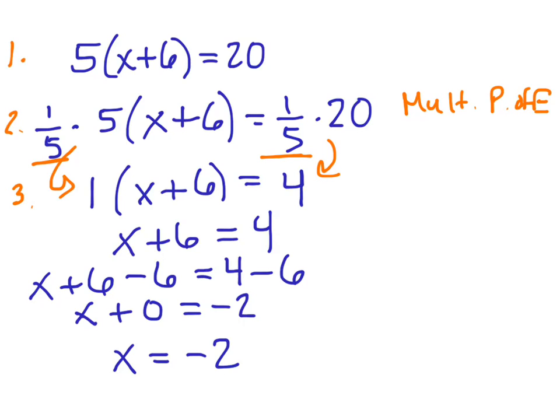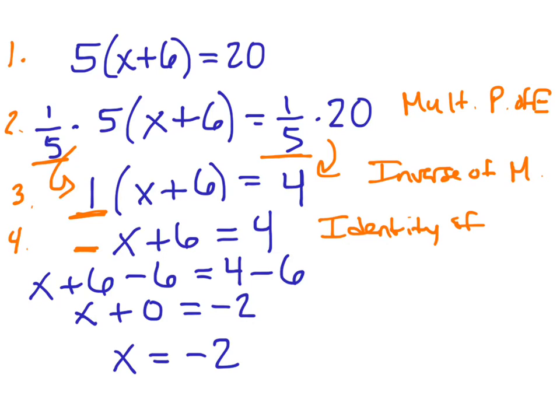But on the left, 1/5 times 5 equals 1, that's the inverse property of multiplication. From step 3 to step 4, the change is that we had a 1 and now we don't. So we're saying 1 times x plus 6 is the same thing as x plus 6. So that's the identity of multiplication.